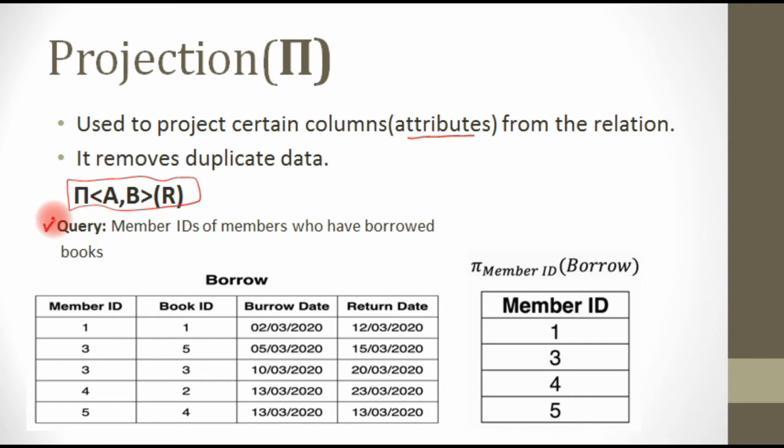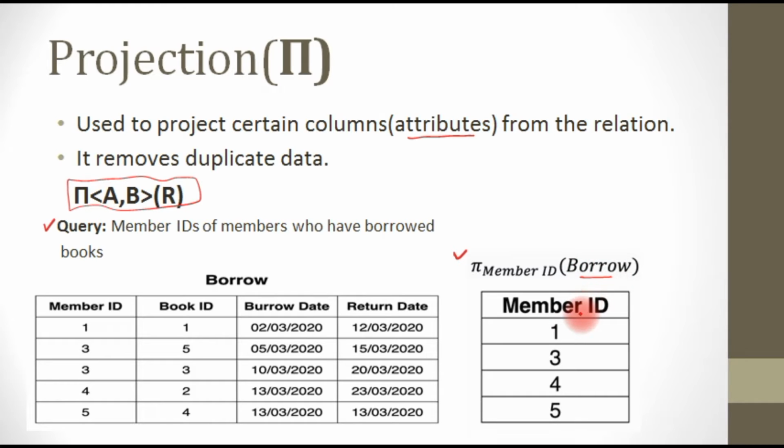Let's suppose we are giving a query like: member IDs of members who have borrowed books. So you have to fetch the member IDs of those members who have borrowed books. This is the borrow relation. In this, we have these member IDs, so you have to project them: project member ID from the relation borrow.